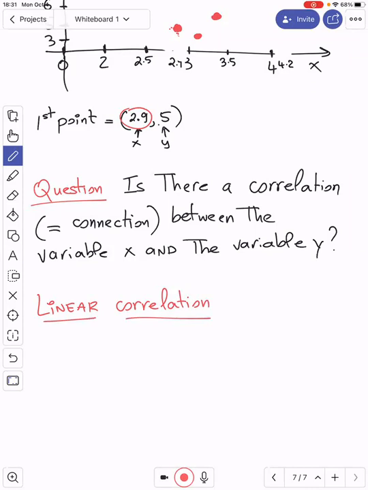So what do I mean by linear correlation?